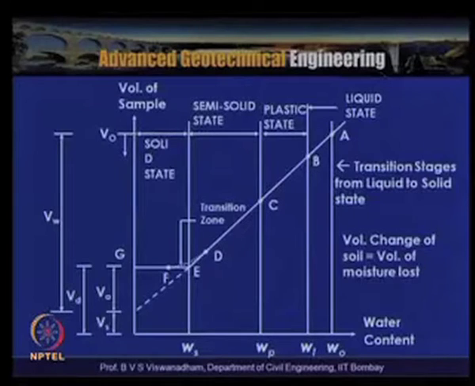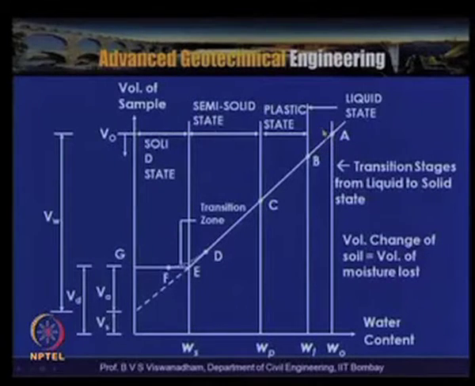In this slide, the volume of the sample is plotted on the y axis and the water content on the x axis. This particular line is inclined at 45 degrees. Point A is where the initial water content is.